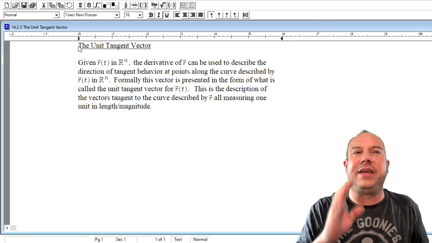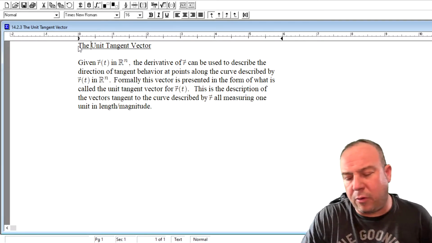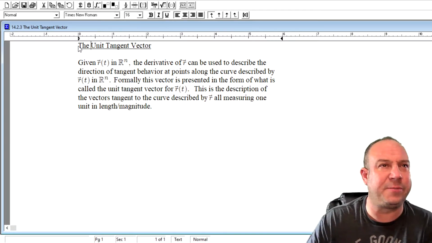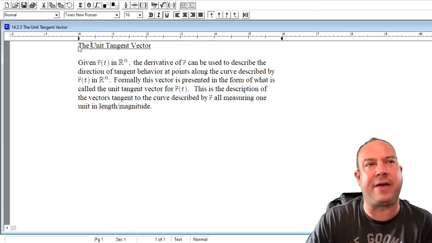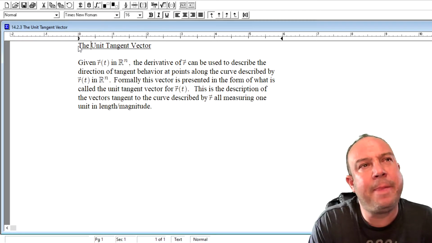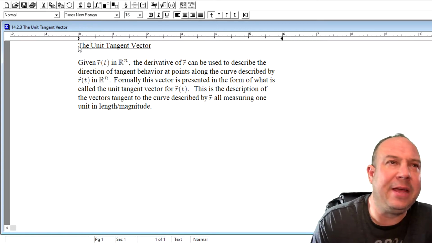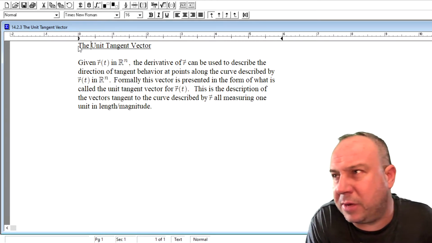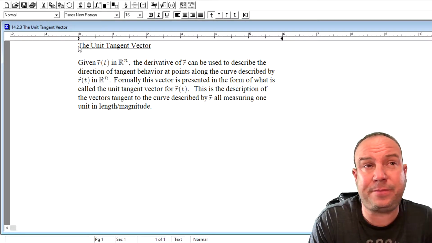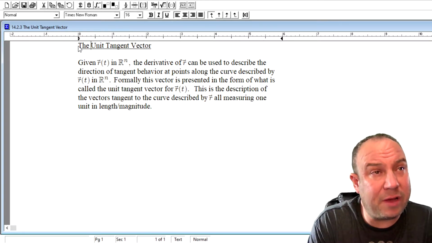Given r bar, a vector-valued function in n-dimensional space, what we want to remember is that a vector-valued function represents either a curve or hypercurve in space, either a path or a hyperpath. And at points along that path, we can have tangent behavior, either in 2 or 3 dimensional space or in n-dimensional hyperspace, where that tangent behavior is described by the derivative.